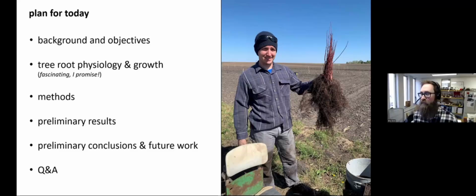So we'll just touch the tip of the iceberg there, but I want to hit some things about that before we dive into the methods. Then the preliminary results. We kind of just wrapped up our year 4 monitoring, so these are some really preliminary results, but I want to show you some trends that are going on in this practice. And then some preliminary conclusions and maybe discuss some future work during the Q&A session.